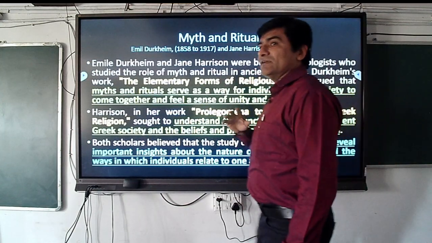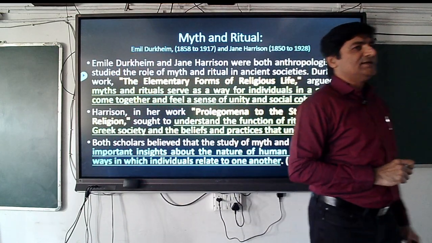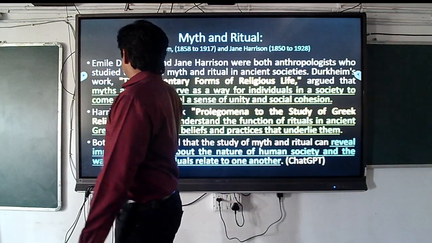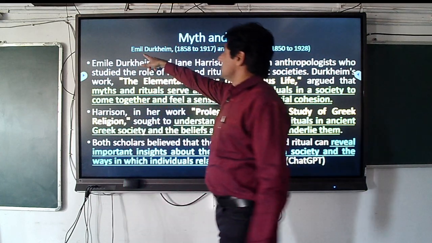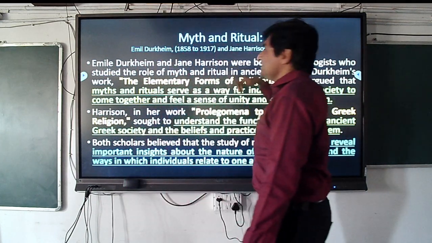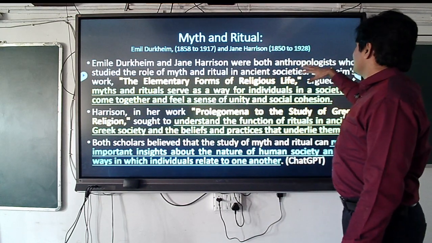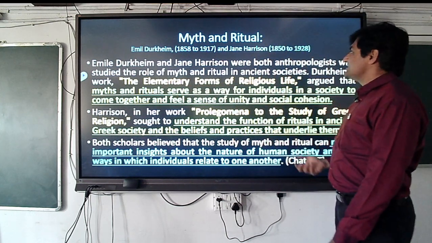First, myth and ritual. Of the four tools that we identified, the first one is myth and ritual. It is Emile Durkheim, just take the spelling, Emile Durkheim and Jane Harrison. They have given this, I think. They both were anthropologists and they studied the role of myth and ritual in ancient societies.